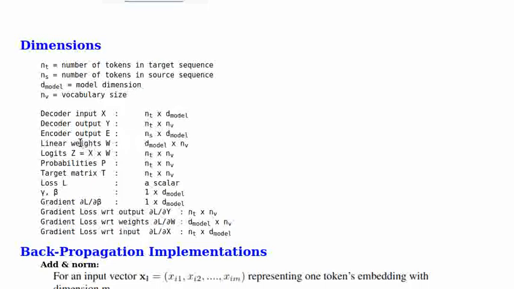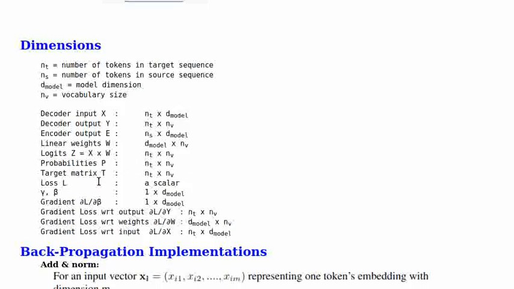The encoder output E, which is the input to the cross attention block, is ns times d model. And the linear weights W is d model times nv. The logits, x times W, is nt times nv. The probabilities P is nt times nv.